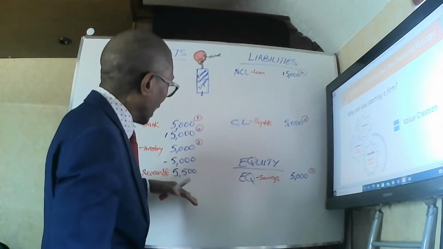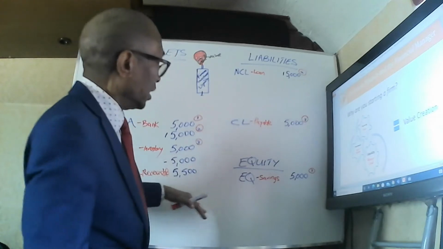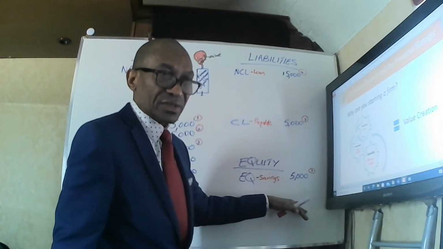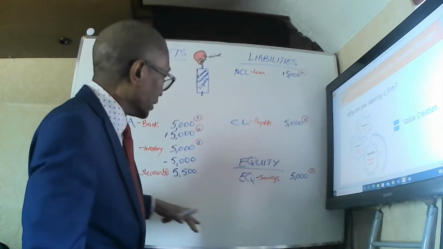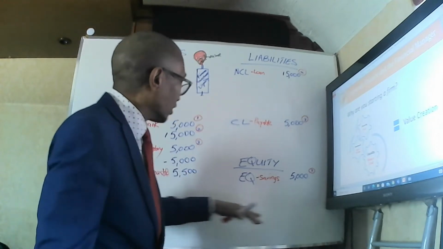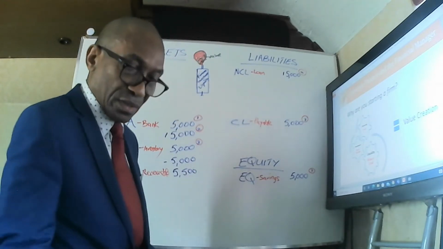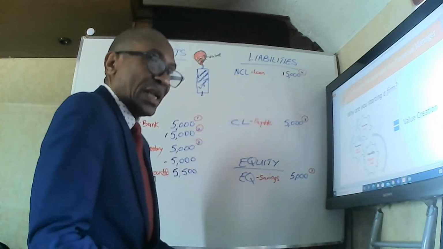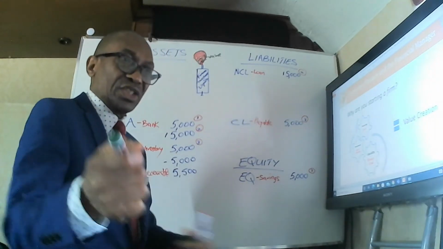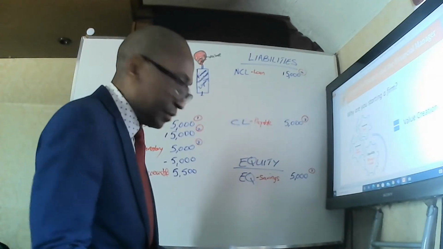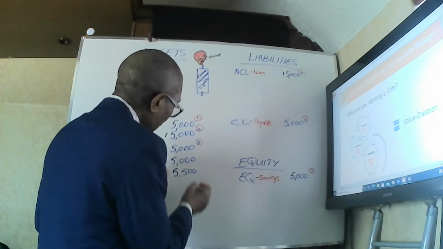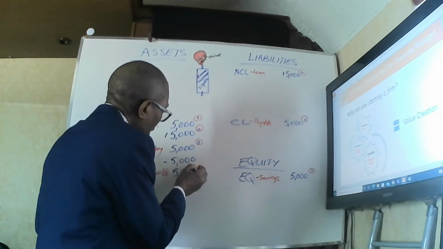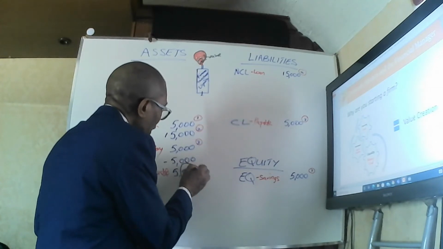So this is now 25,500, and this side remains 25,000. Can you see it's not balanced? The difference of 500 is due to my action, my good management, buying things cheaper than I can sell them. So this is the outcome of good management.